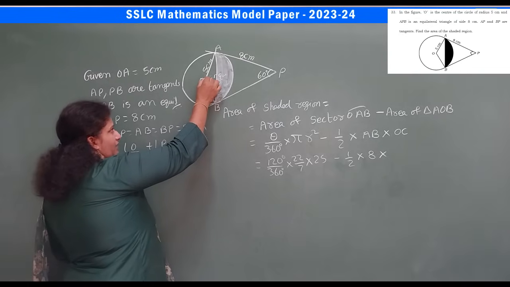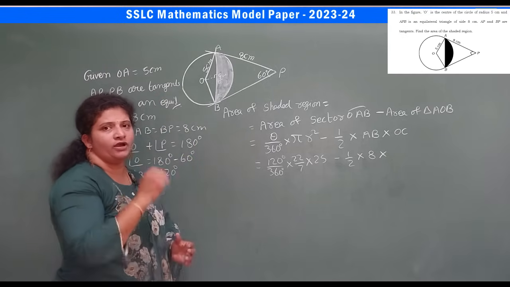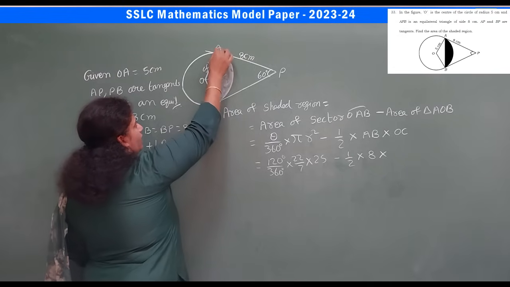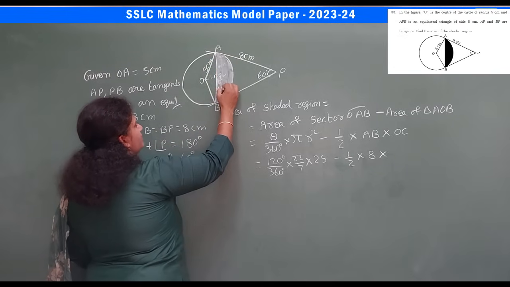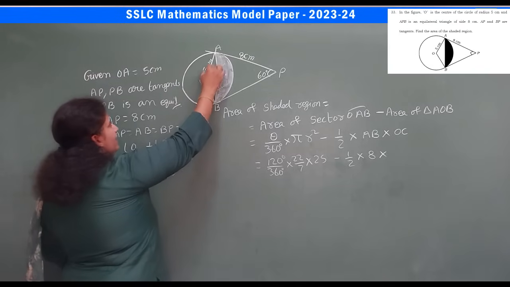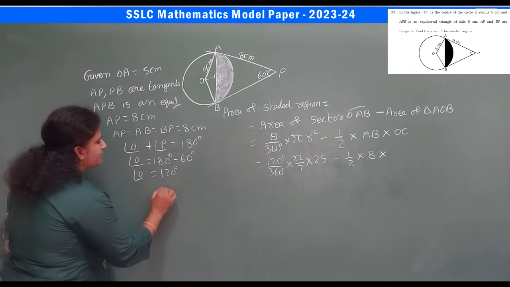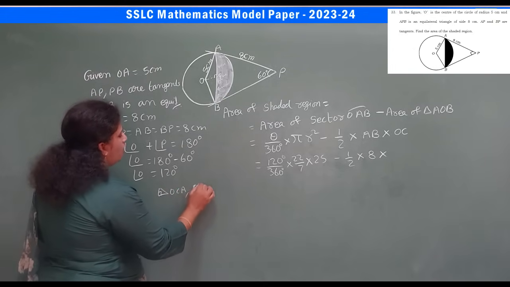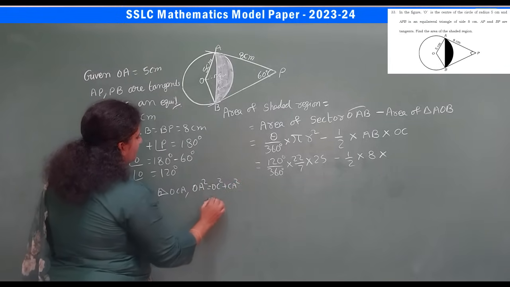From the center, any perpendicular drawn to a chord divides the chord equally. Equally means AC is 4 centimeters and CB is also 4 centimeters. So now consider only the small right triangle OCA in order to get OC. Apply Pythagoras formula: OA squared is equal to OC squared plus CA squared.